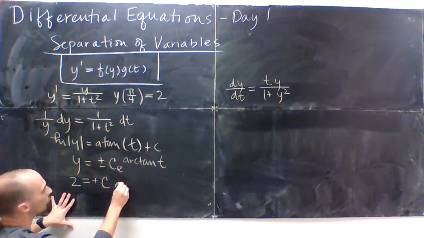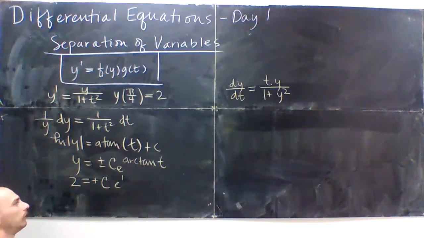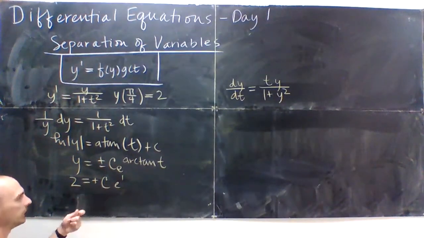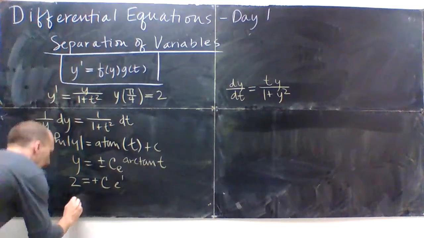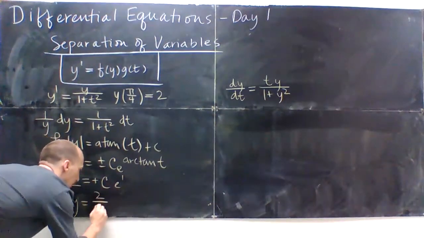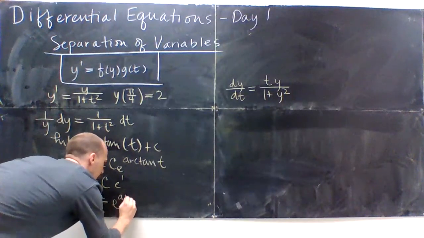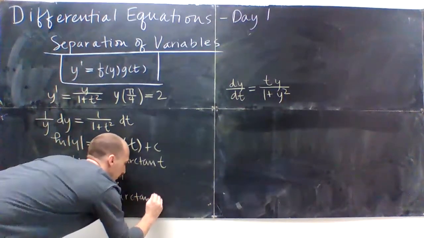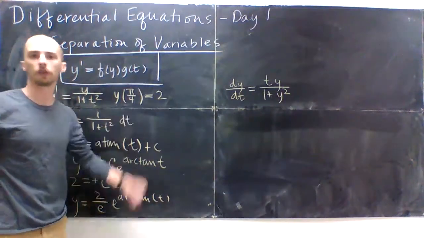So c times e to the 1. That's going to be kind of annoying. But that just means that c is 2 over e, and that's fine. And y equals positive 2 over e times e to the arctangent of t. Okay, and that's a particular solution that came with an initial condition.